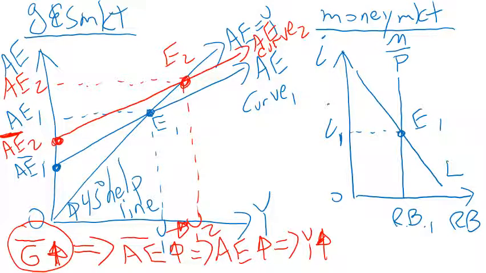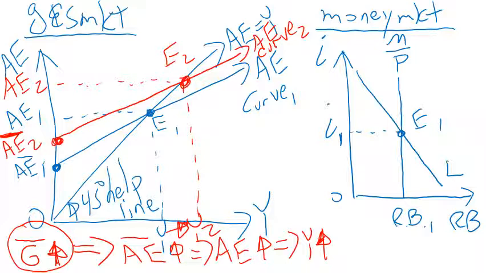All right? So as you see, the graphical portion of this analysis verifies what we said here below, that an increase in autonomous G will increase autonomous aggregate expenditures.